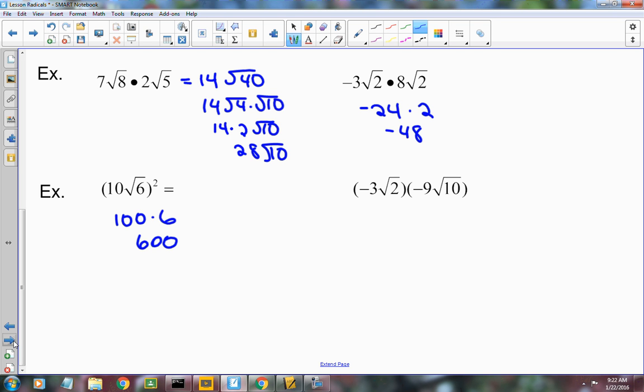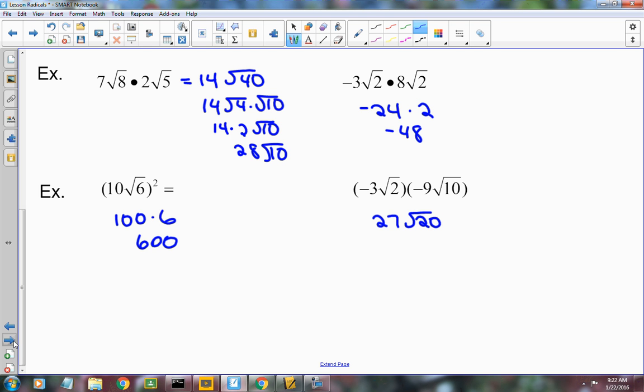All right, last one. What do you get? Positive 27 times radical 20. Am I done? No, because this radical 20 has a perfect square factor.